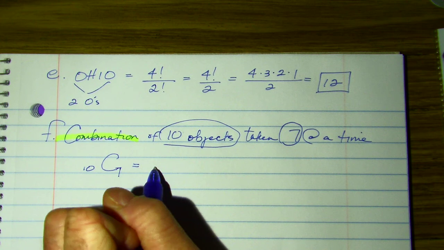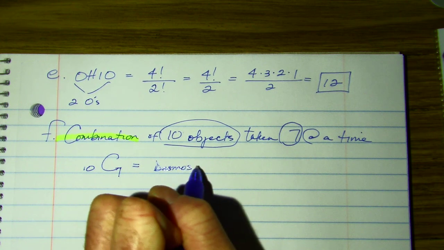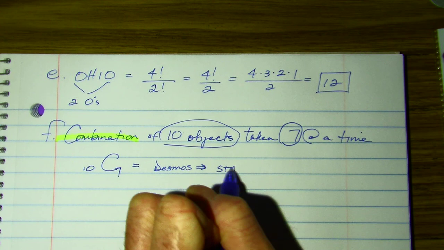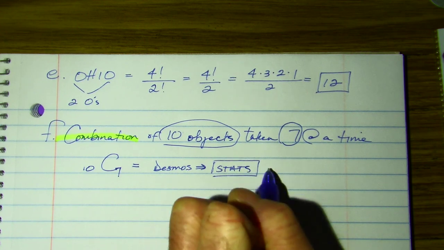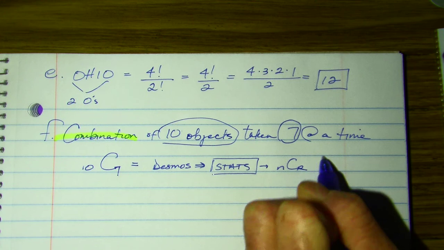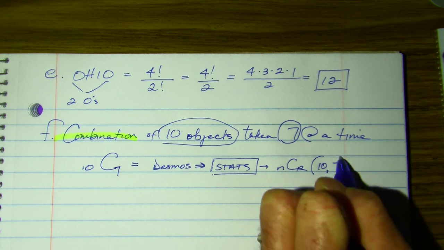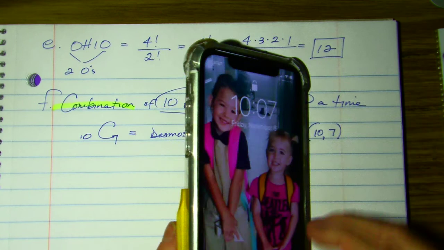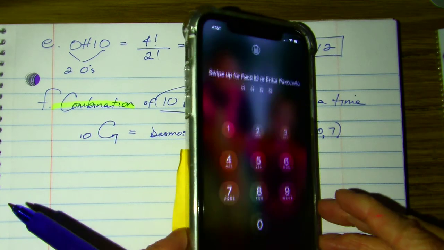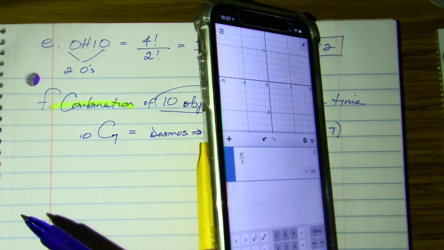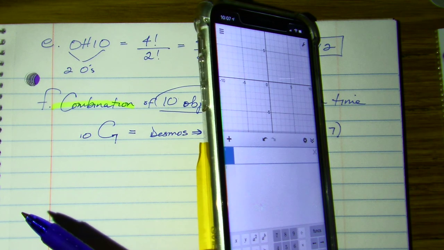So in Desmos, hit stats, then hit NCR, and then parentheses will pop up and you'll put 10, 7. Okay, so in Desmos, and hopefully you're practicing this and not just listening, because you won't remember if you just listen, but if you're an active participant, meaning you're going into Desmos and you're entering it, you're more likely to remember this for study guide, tests, and homework.